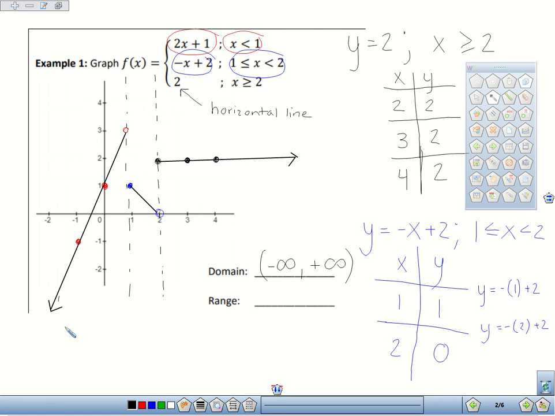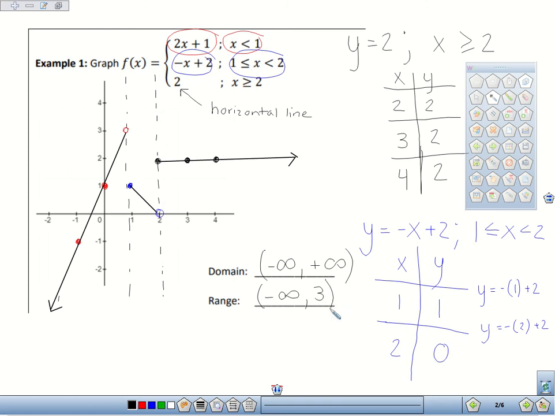Now, the range are all the possible y values. So looking at my range from the left side, I'm definitely going to be taking on all of the y values this way, right? Because I'm going downward. So from negative infinity. But what's my highest range value here? 3. But is 3 included or not?